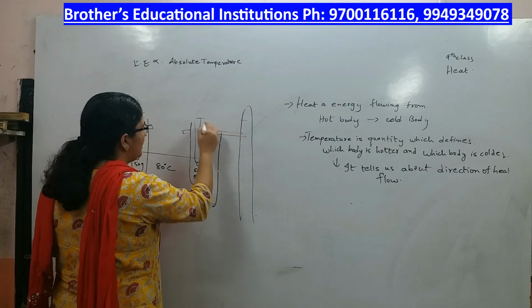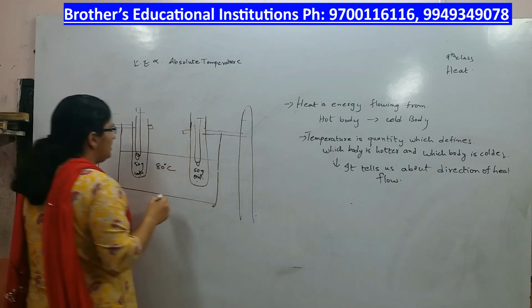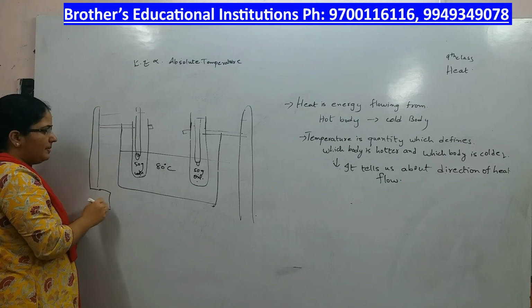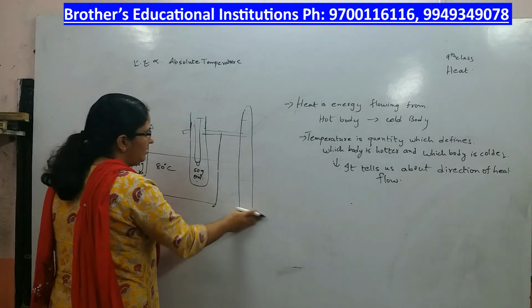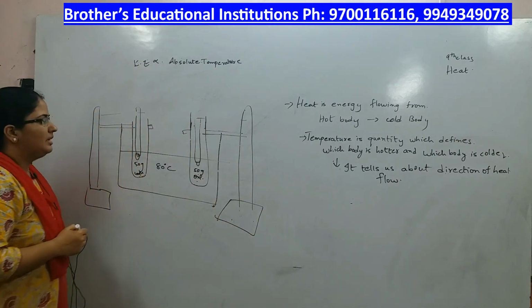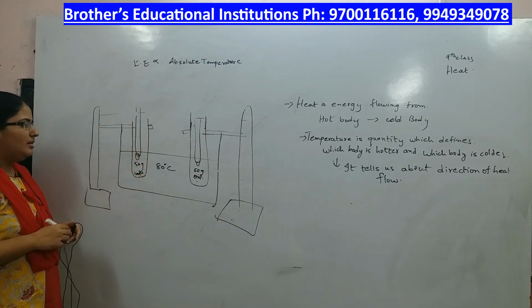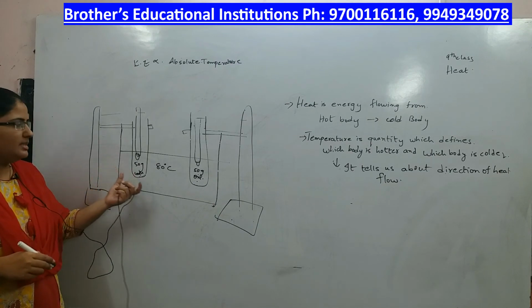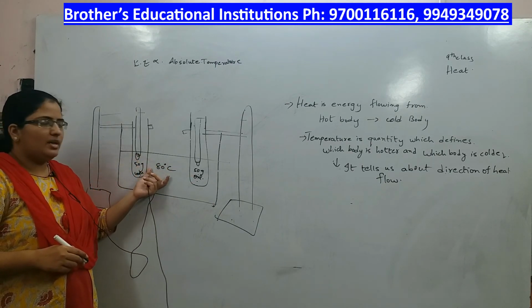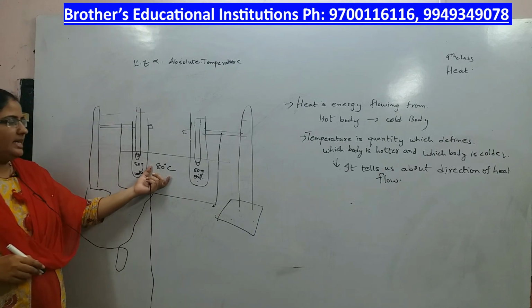With the help of the retort stand, these two boiling tubes will stand. Now, this is 50 grams of water and this is 50 grams of oil. We are introducing them in the water whose temperature is 80 degrees centigrade.